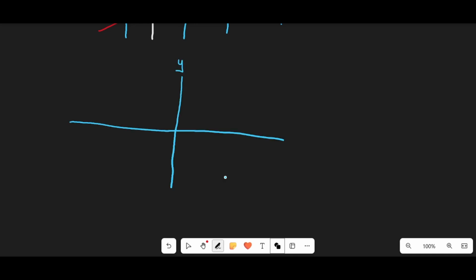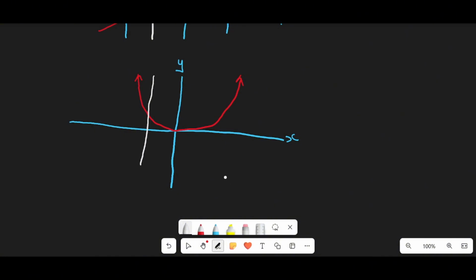This is our y-axis. This is our x-axis. Let us draw a vertical line. You will see that the vertical line intersects the given function at a point. So this also is a function.